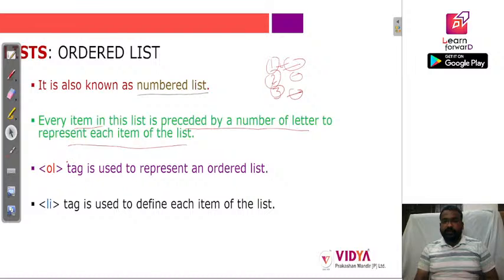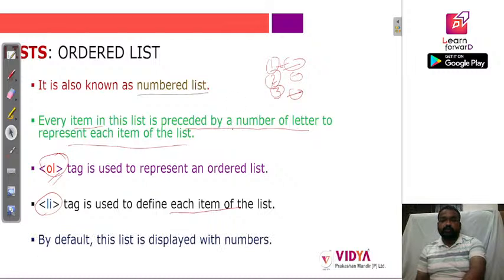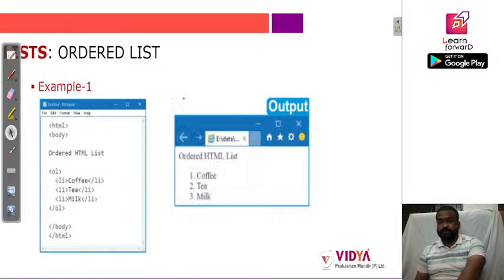In HTML, whenever we are using the ordered list, we will use the OL tag, and inside that we will create our items with the help of the li tag. So let's see how we can create it. By default the list is displayed with numbers only. That means by default the format is this.